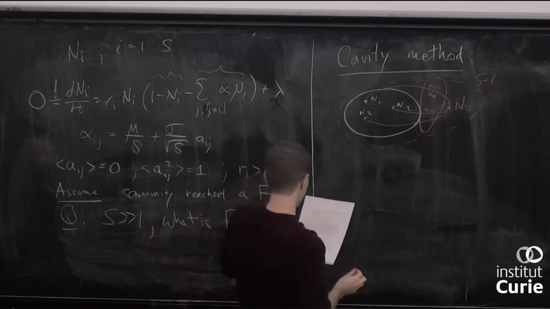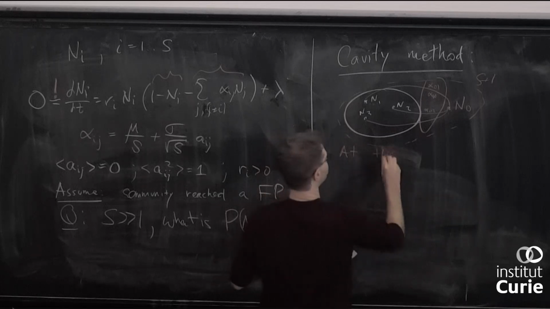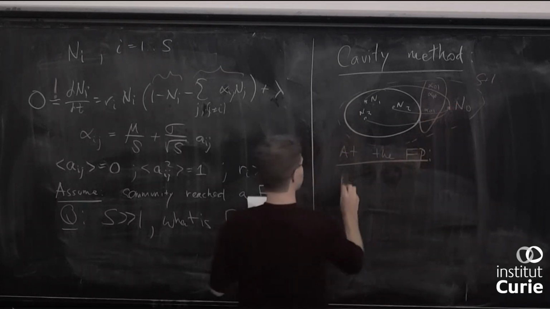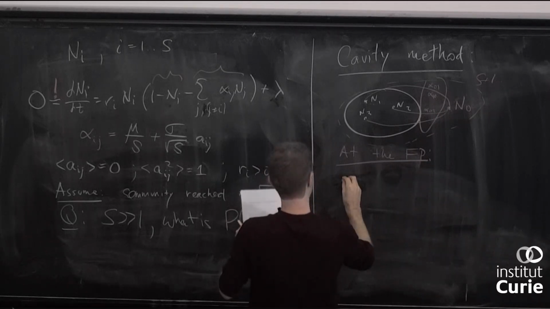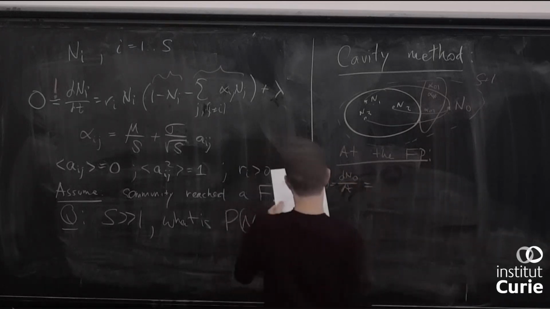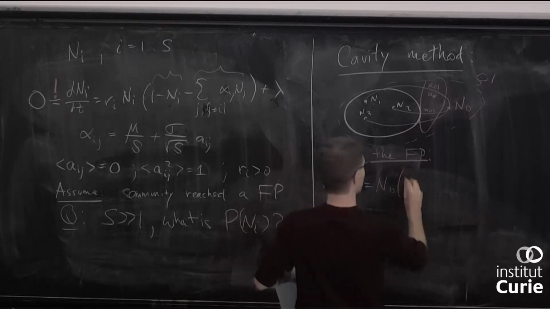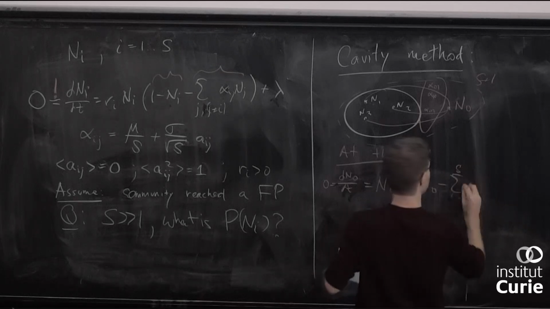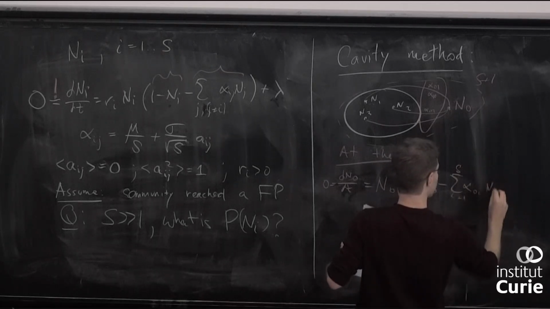Okay, so at the fixed point, I added this new N0. I know that dN0/dt, I'm assuming that it's still at a fixed point after I added N0, is equal to N0 times (1 minus N0 minus the sum over i from 1 to S of alpha 0i N_i).